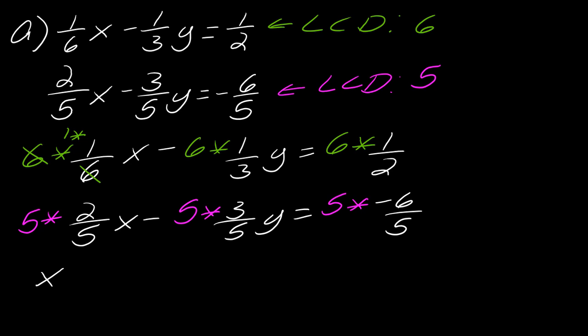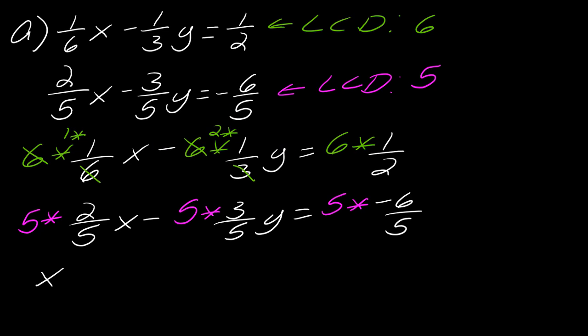Okay, so let's keep going. Now I've got 6 times 1/3. 3 goes into 6 how many times? 2 times. So this is 2 times 1y, which altogether gives me negative 2y.